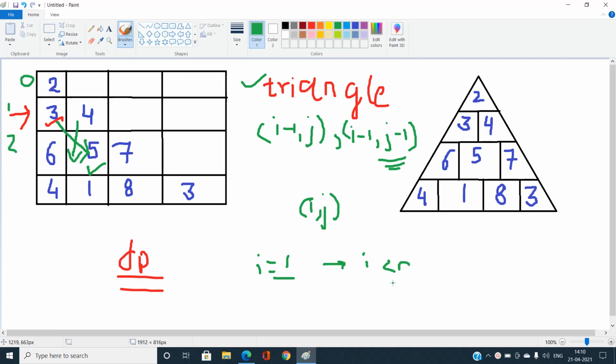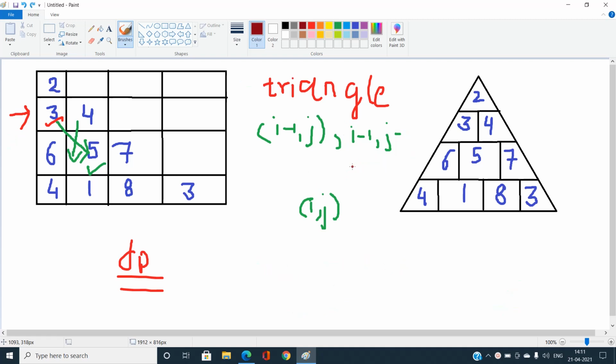For every i comma j, where j should be less than or equal to i, I am going to check what should be the minimum cost coming either from this position or from this position. So let me write down the DP relation, the dynamic programming relation, for this 2D representation of the matrix.